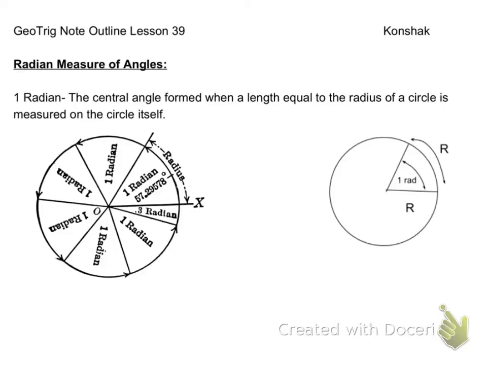But in the real world, there's a naturally occurring number. There's a naturally occurring thing called radians. And 1 radian, guys, is the central angle formed when the length equal to the radius of the circle is measured on the circle itself.